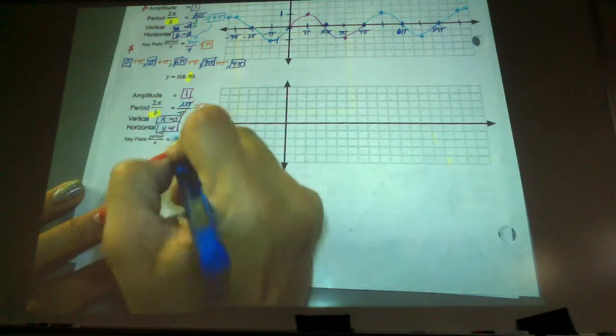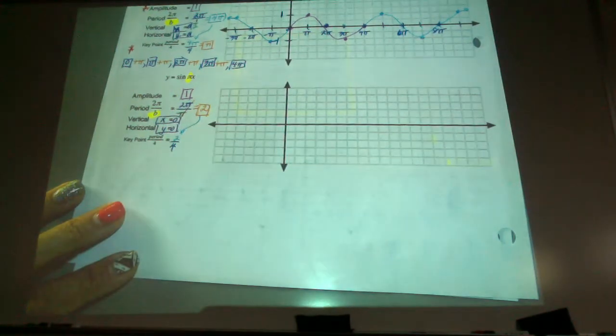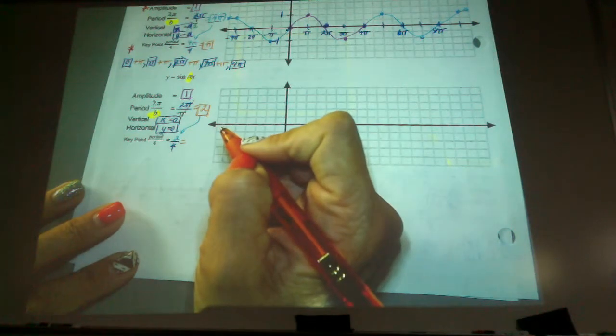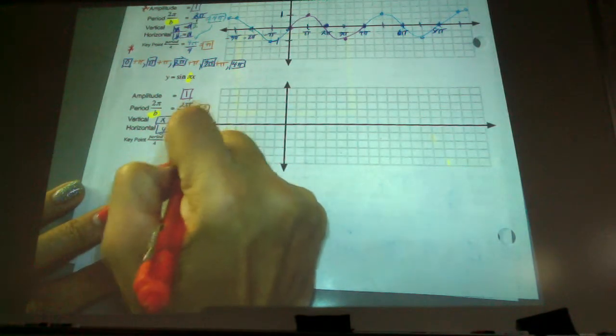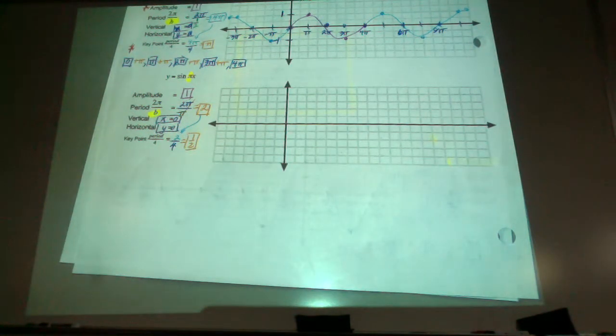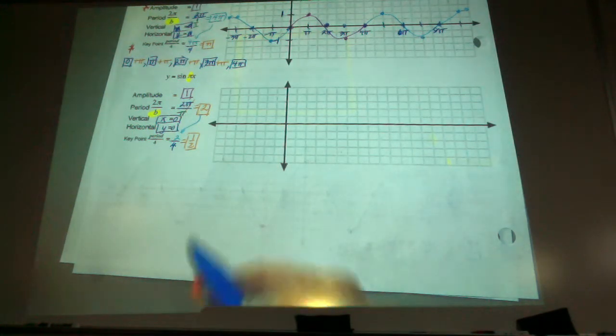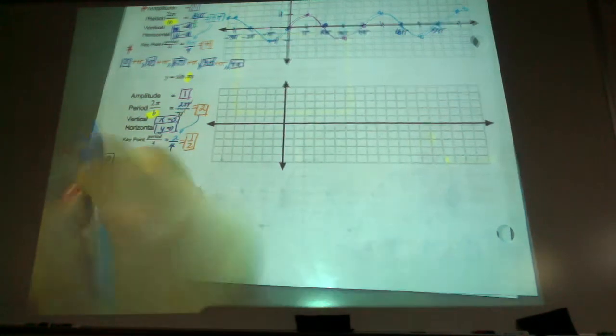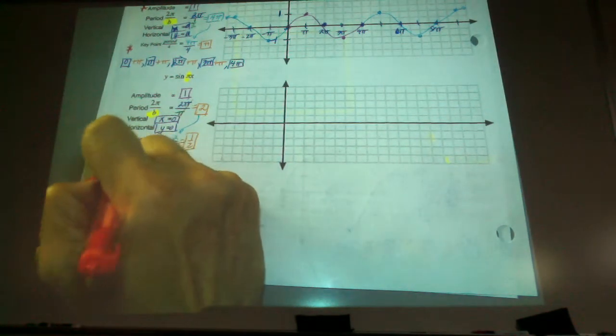Does that change? 100% of the time you're going to divide it by 4. What do I get? 1/2. So my key points are going to go in increments of 1/2. Where do I start? What's my first key point? 0. And you're just going to add halves from there.